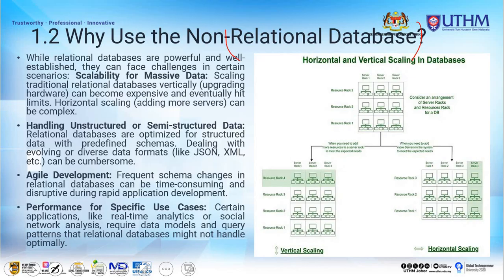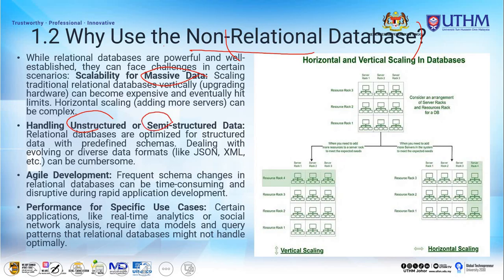Okay, while relational databases are powerful and well established, they can face challenges in certain scenarios. Scalability for massive data. Can you see here? This is what I mentioned, huge data. Handling unstructured or semi-structured data. Why do we need non-relational database? Because to handle unstructured and semi-structured data.